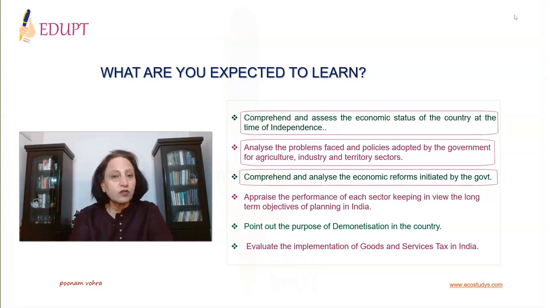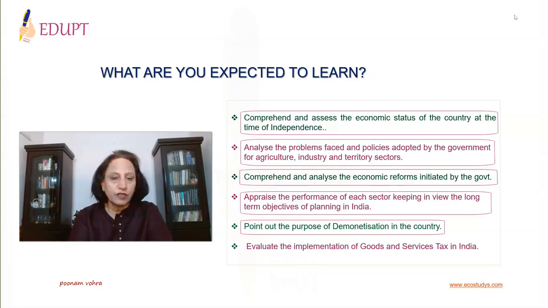The learner will also comprehend and analyze the economic reforms initiated by the government, and then appraise the performance of each sector, keeping in view the long-term objectives of planning in India. The learner will also point out the purpose of demonetization in the country, and finally evaluate the implementation of goods and services tax in India.